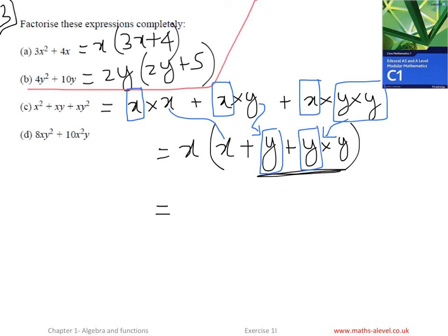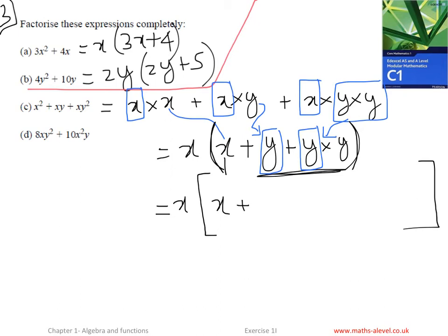So let me rewrite everything. So x here, since we are going to factorize inside the bracket, I'm going to make this bracket into a square bracket as follows. So this x comes here as it is. Now I am going to take y as a common factor for these last two terms.